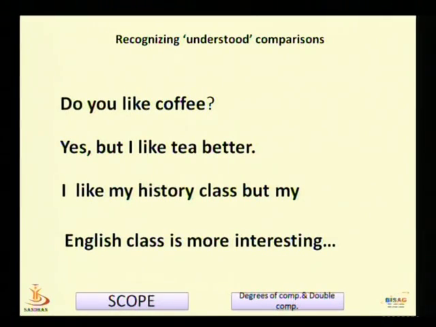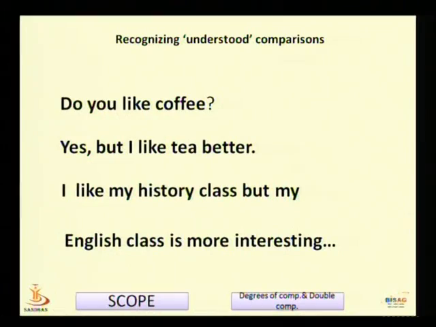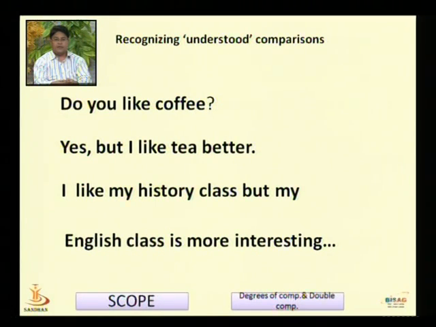Recognizing understood comparisons. Now here it is an interesting point that sometimes when we read the sentence in a context, we have understood comparisons. See the example on the screen. Do you like coffee? The answer is yes, but I like tea better.